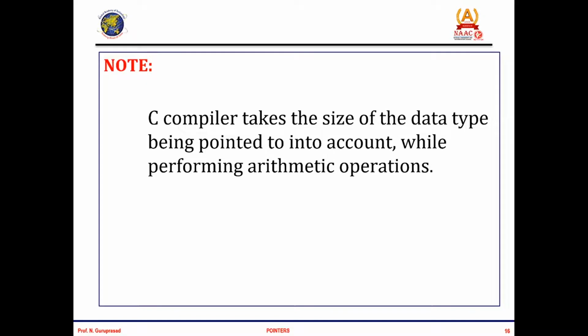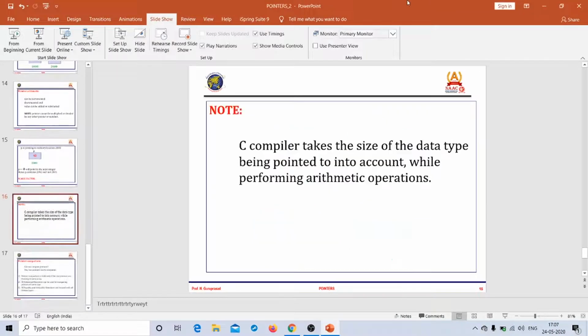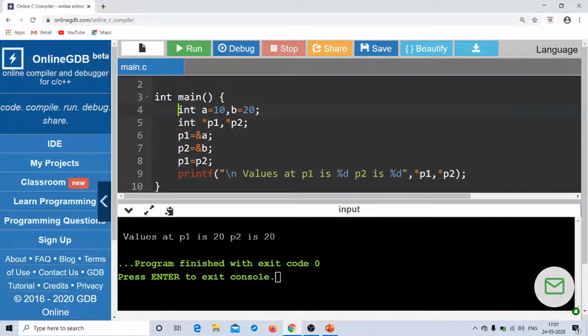Okay, so let us try to understand this with the help of an example, the pointer incrementation. I'll go back to my online compiler. I don't think I need two variables. I say int a equal to 10, and then I can assign the address of a to p.